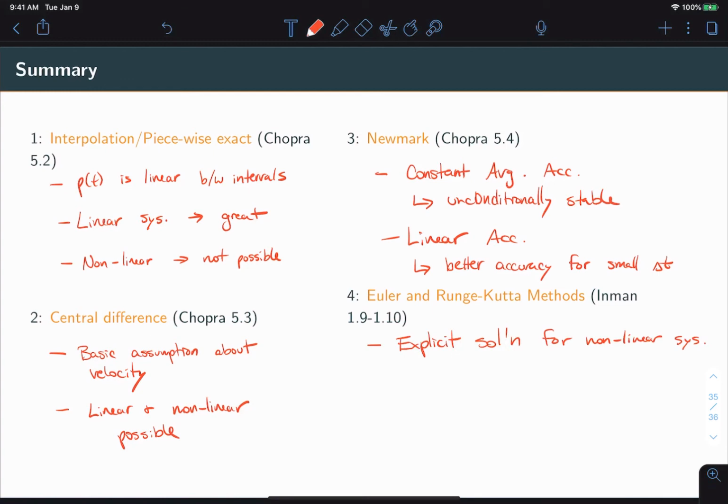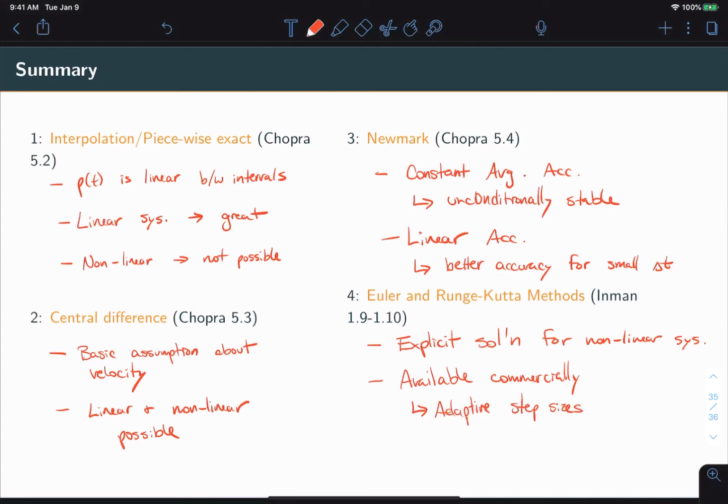It has an explicit solution for nonlinear systems, and in fact, we saw that you can formulate linear systems and nonlinear systems equivalently. It is also available in most commercial computational software, and this comes with added sophistication. For example, we saw that in MATLAB, this method by default runs adaptive step sizes.